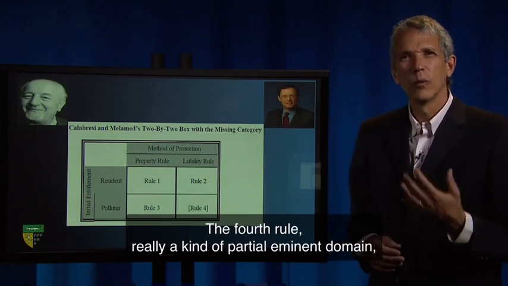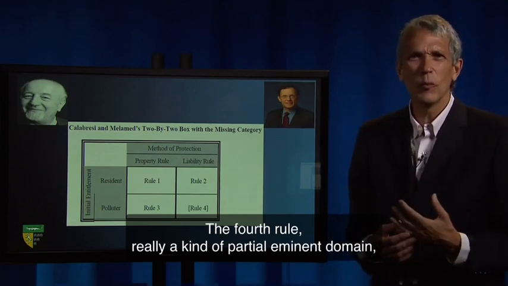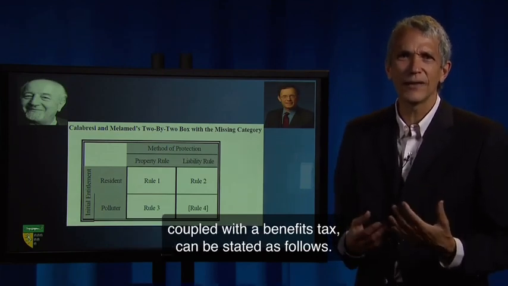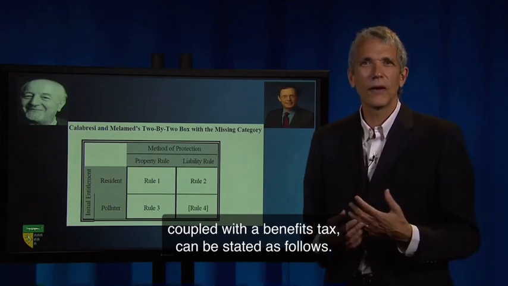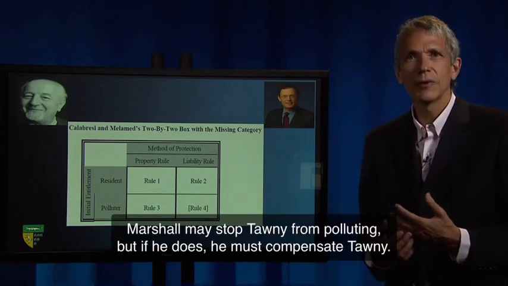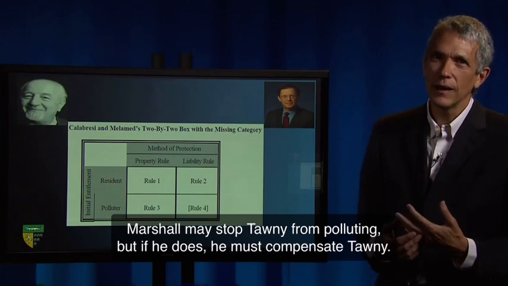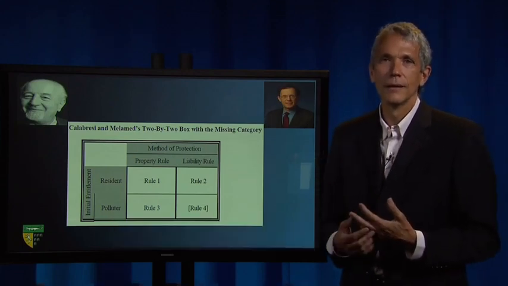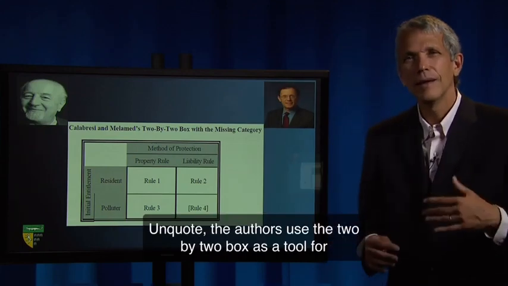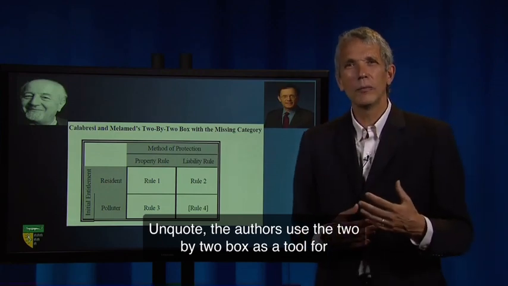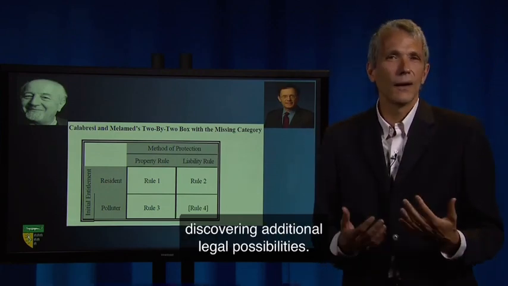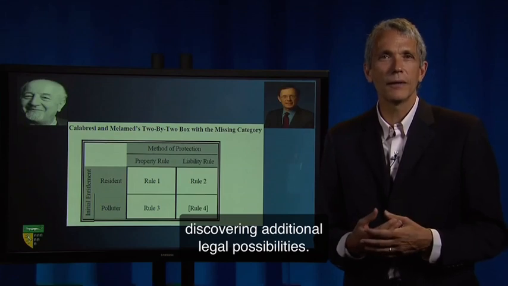The 4th rule, really a kind of partial eminent domain coupled with a benefits tax, can be stated as follows. Marshall may stop Tawny from polluting, but if he does, he must compensate Tawny. Unquote. The authors used the 2x2 box as a tool for discovering additional legal possibilities.